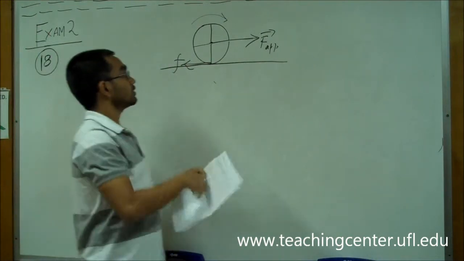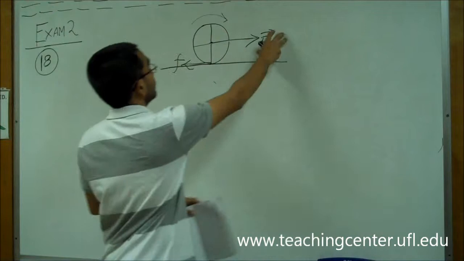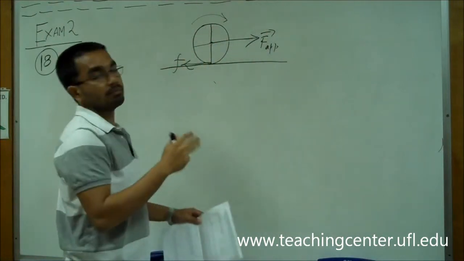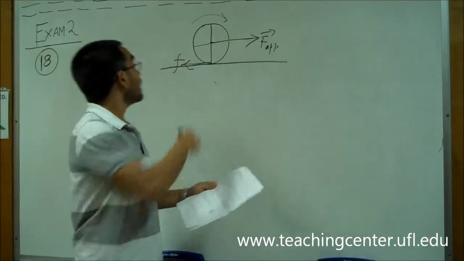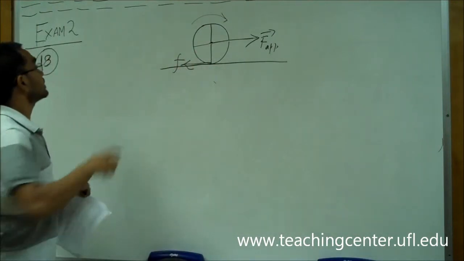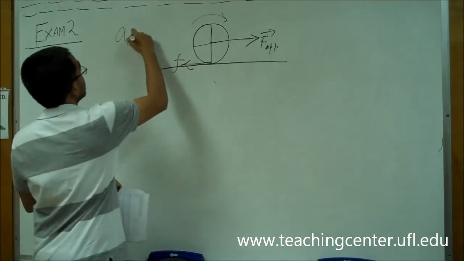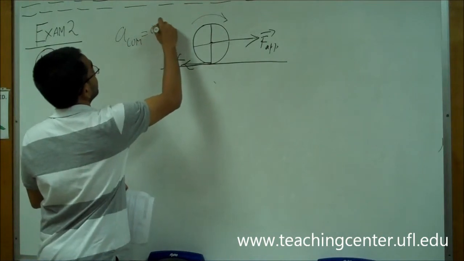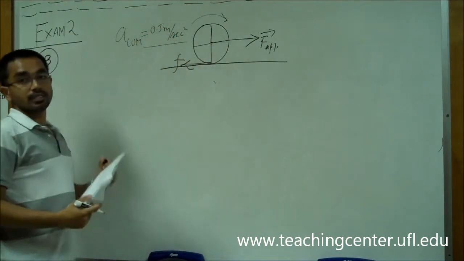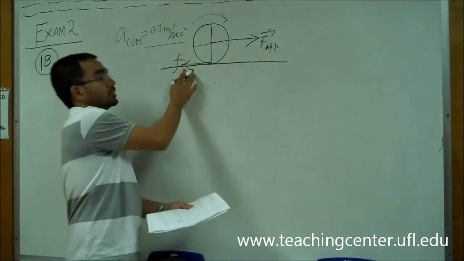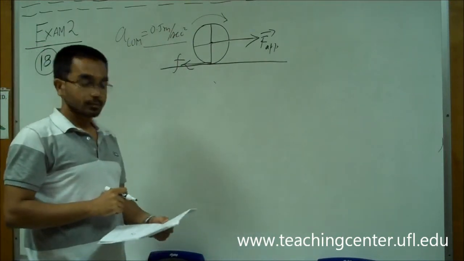If the acceleration was applied force divided by mass, it would be 1 meter per second squared. But I find out that the acceleration of the center of mass is actually 0.5 meters per second squared. What that should do is alert me to the fact that there is friction acting this way, right?